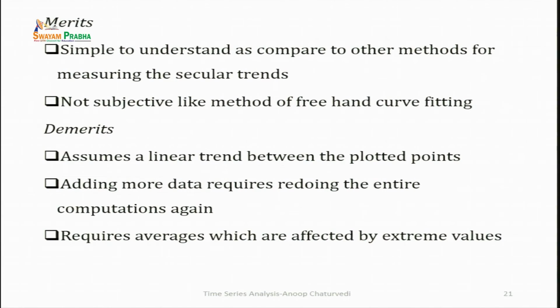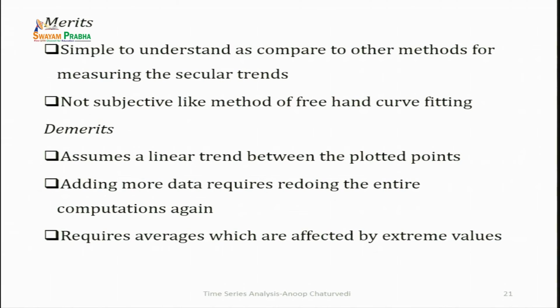Of course, this is not a big problem nowadays, because now nobody uses calculators for computation purpose. You can use different statistical softwares or even Excel. So, this is not a big issue. Now, this method is based on averages.